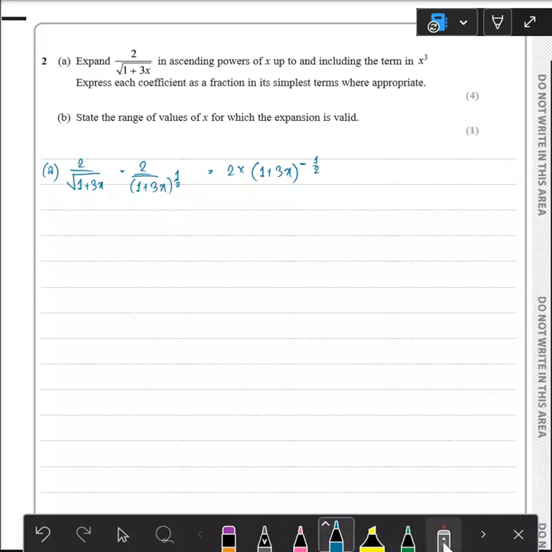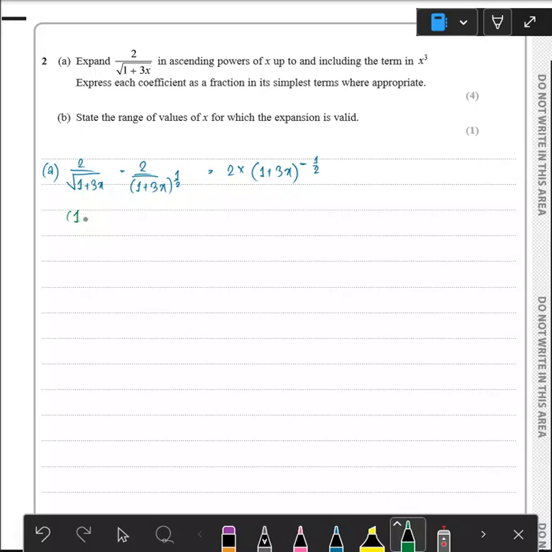So to expand something like this, 1 plus 3x to the power negative half, at first we have to see whether it is in the form of a plus bx to the power d.